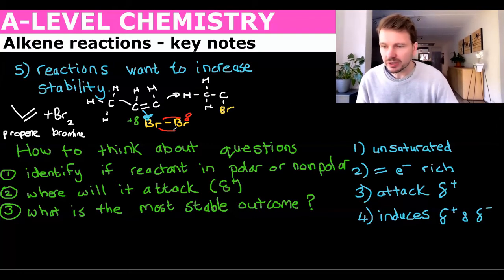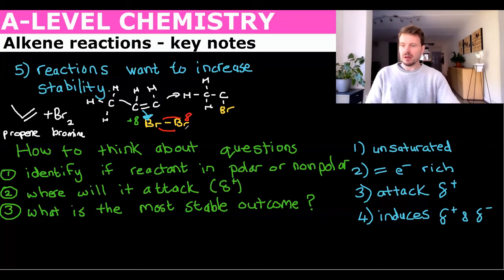Okay, I'm actually going to change this, so that would be if it was a bromine. I'm going to change the bromine to a hydrogen. So this would have been something that wasn't attacked. It was already polar. So let's say that we had HBr.